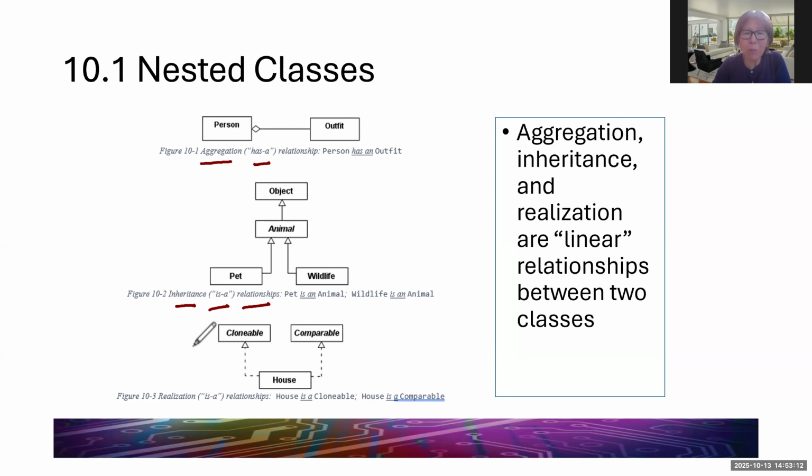The third is between classes and interfaces, which is a realization, but it is still an is-a relationship. Those are the relationships that we have discussed in previous chapters between different classes.